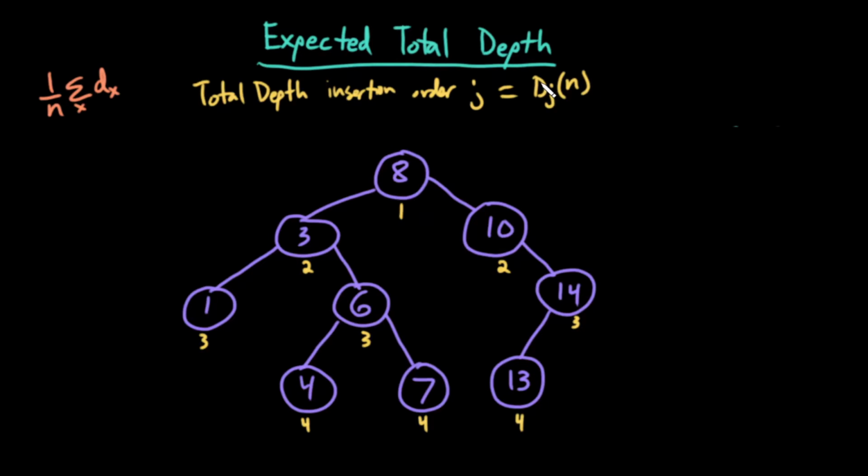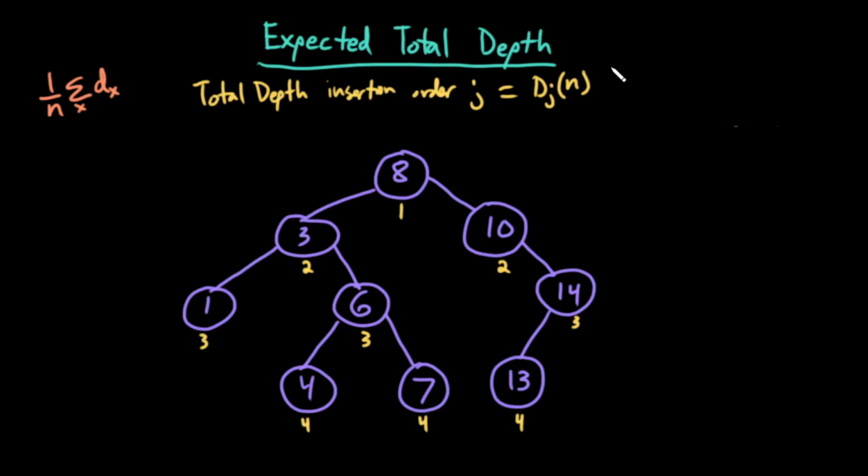This is the total depth of insertion order j given n elements. There's n factorial possible insertion orders. This is the total depth of this specific jth insertion order.